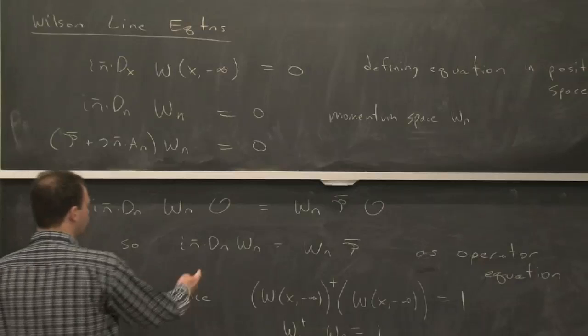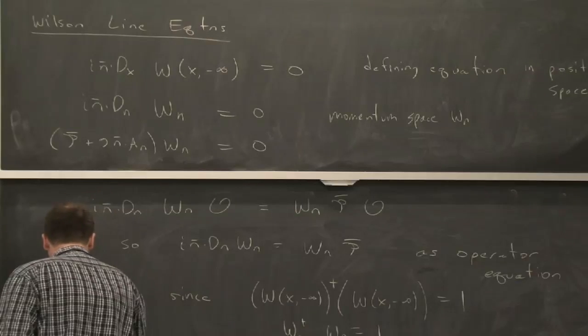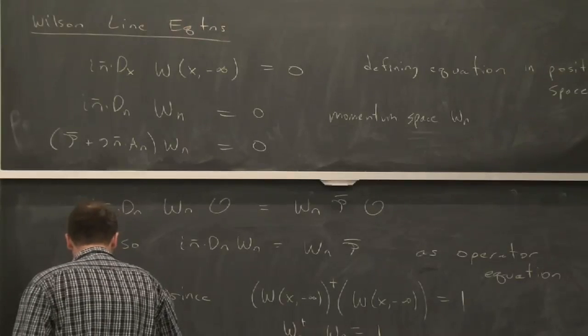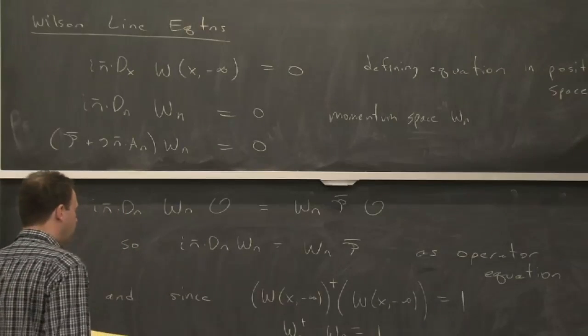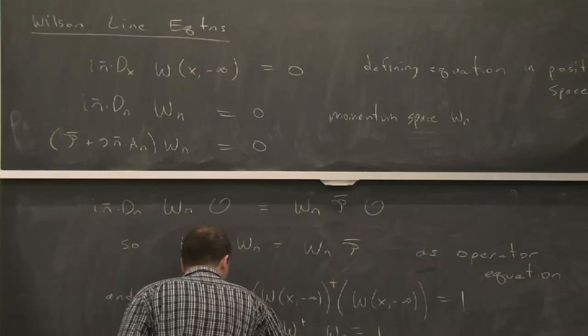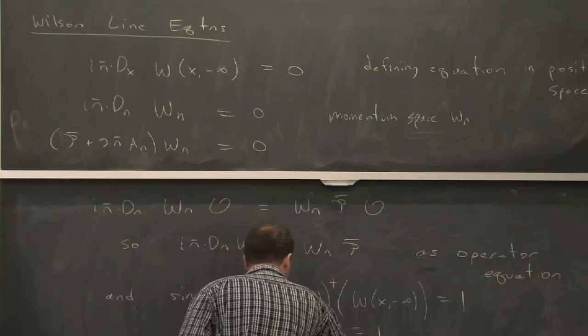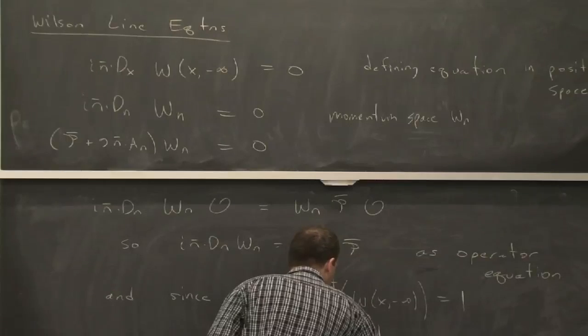And that means I can multiply this equation here on the left or the right by W daggers. And so if I do that, let me multiply by W dagger. Then I can write i n bar dot D_n is W_n p bar W_n dagger.